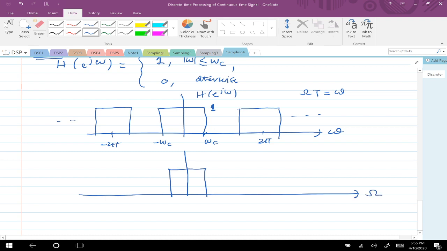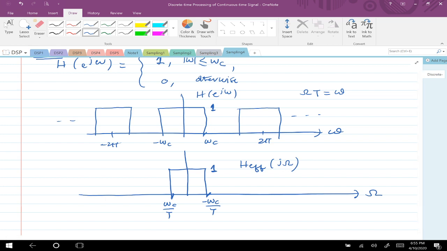My axis is capital omega, so to get that you divide by T: minus omega c by T, and this is omega c by T, and of course this is still 1. There is only this change, and that's giving you H effective of j omega.